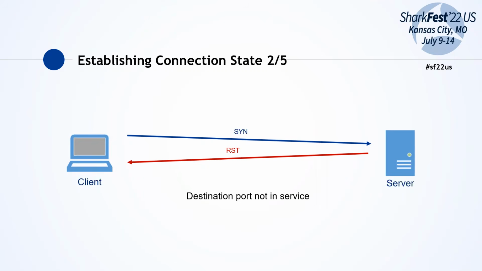Troubleshooting that would be, first of all, why do you try to connect to that port on that server? Is a service supposed to be running on that port? If you're getting a reset back and you know that there should be a service running, then something is not right on that PC or on that server. The service should be running, but it isn't, and you can see that in the network.